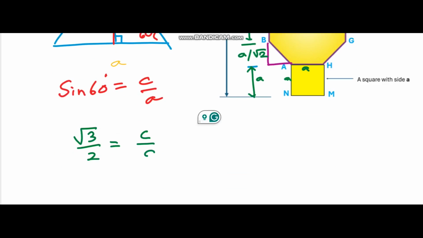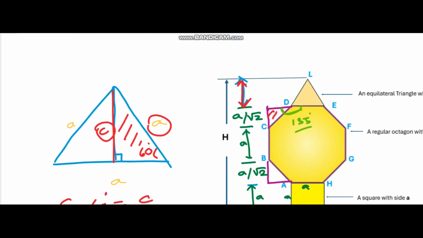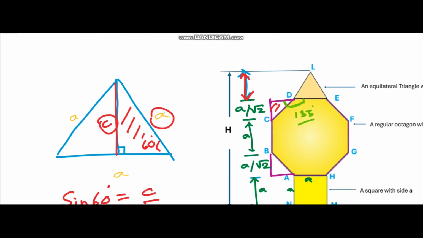That is C over A. Multiplying both sides by A, you got root 3A over 2 is our C. So what do we have here? Root 3A over 2.